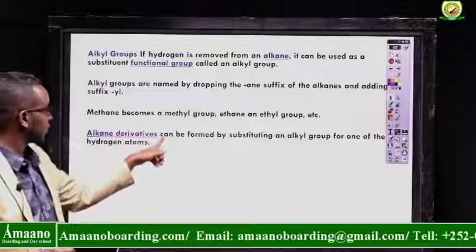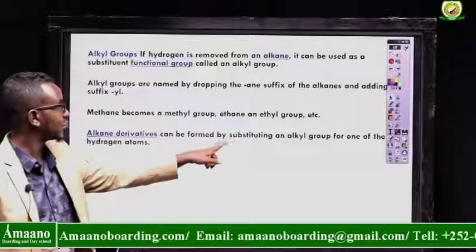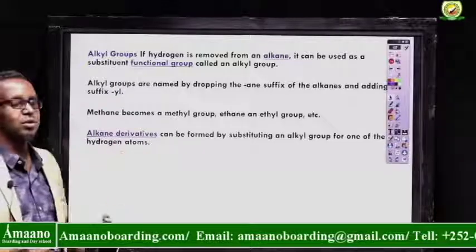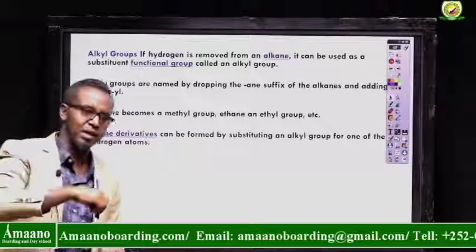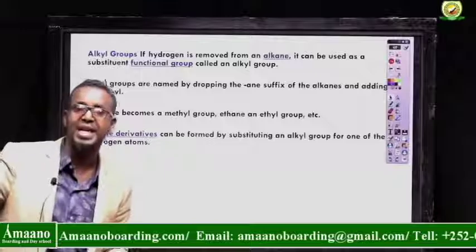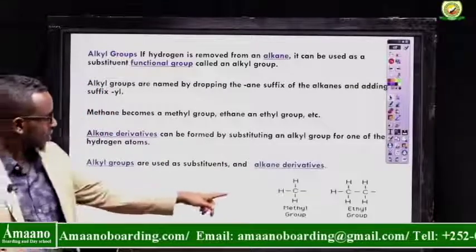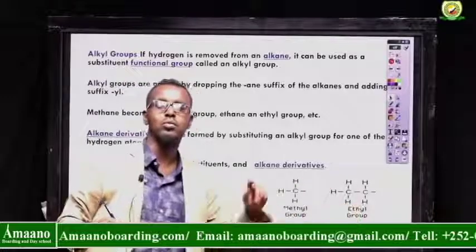So alkane derivatives can be formed by substituting an alkyl group for one or more hydrogen atoms. If one hydrogen atom is removed from an alkane molecule, it will become an alkyl. So consider here, this is methyl group and this is ethyl group.